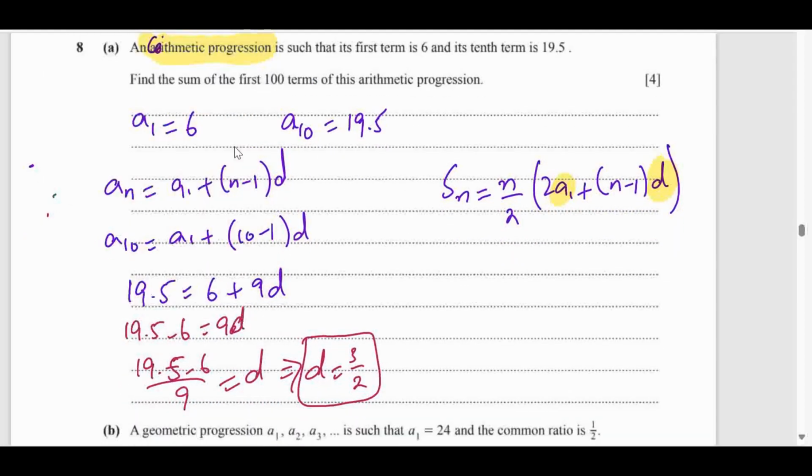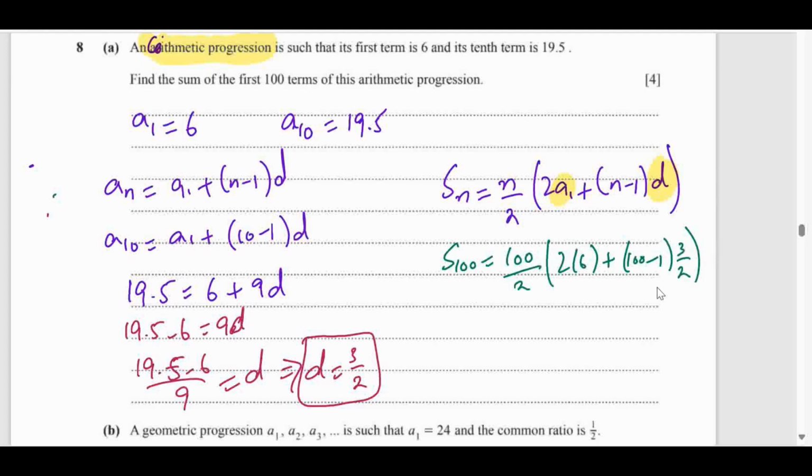So what we can do is S100 will be equal to 100 by 2 into 2a plus, not 6, this should be 100, because n is 100 for this case, minus 1 into d, and d is 3 by 2.